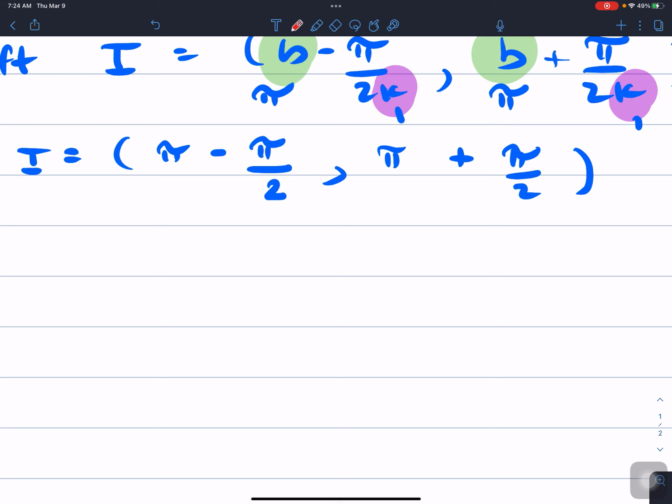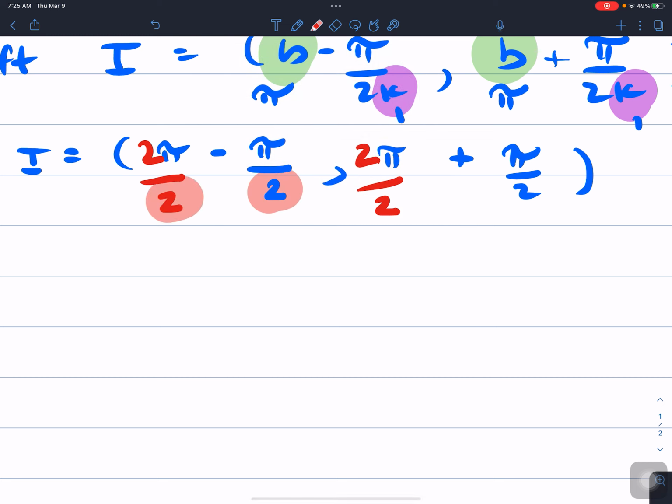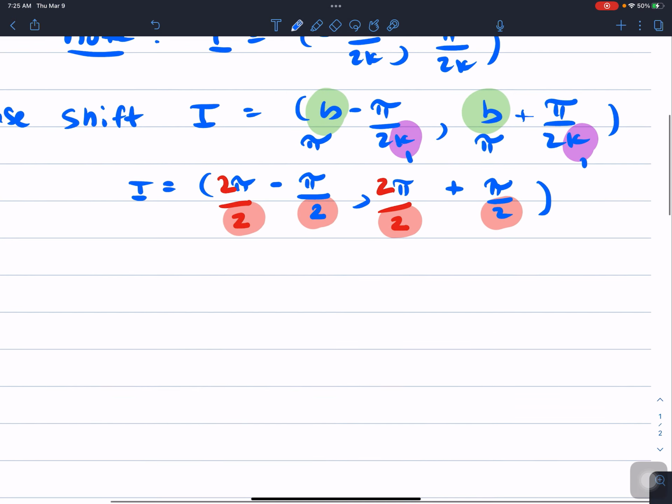How are we going to do the arithmetic? By now, you guys should be experts. 2 over 2. Why? Because you have to have the same denominator. So now what's your interval of 1 cycle going to be? 2 pi minus pi gives you pi, isn't that right?